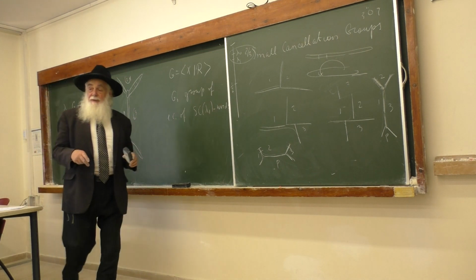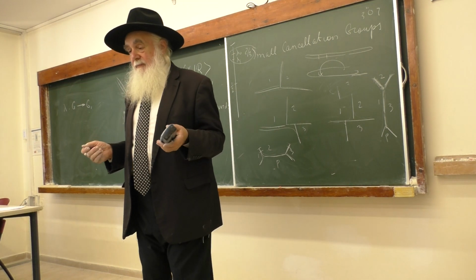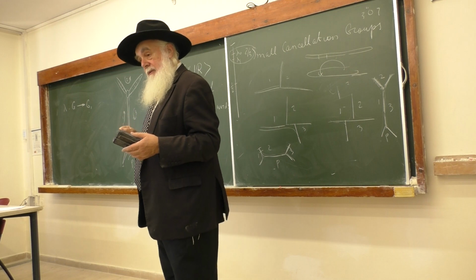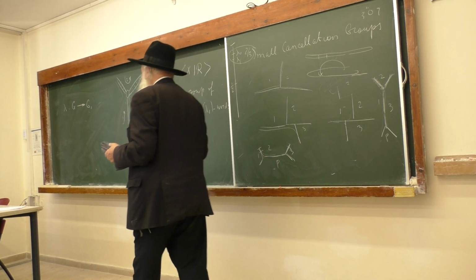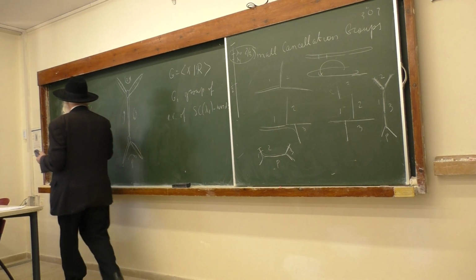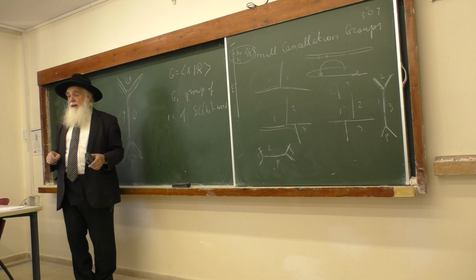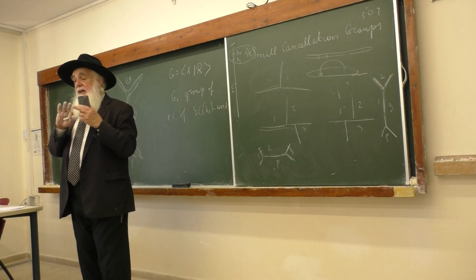If we are able to do it, then it means that the groups are isomorphic. So in one direction, what do we do? Because this group is given by generators and relations, we have to define it on the generators and then check that the relations are satisfied.